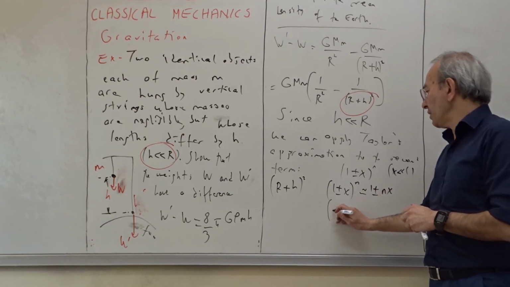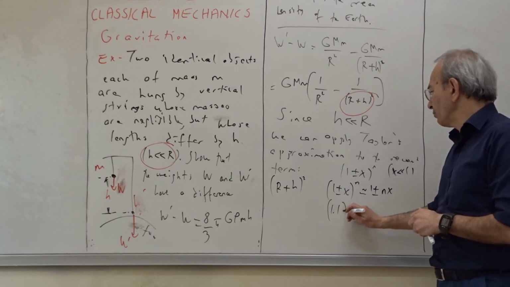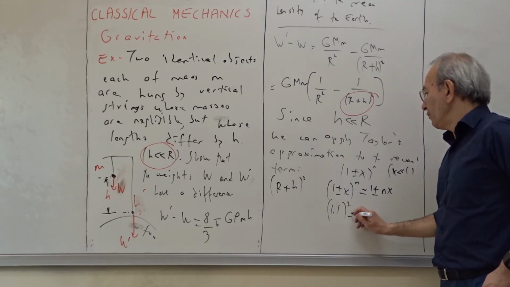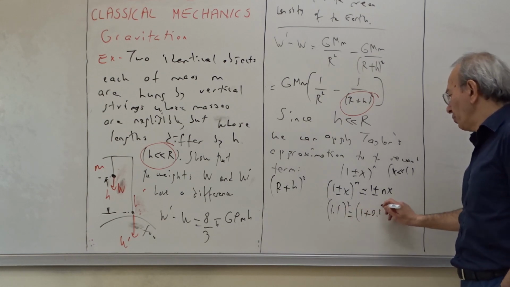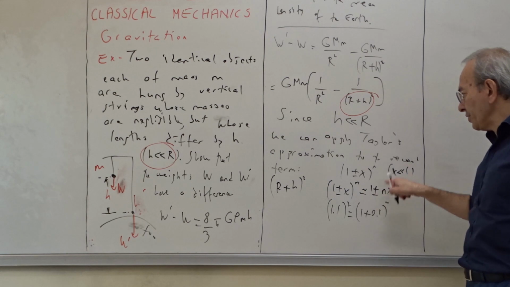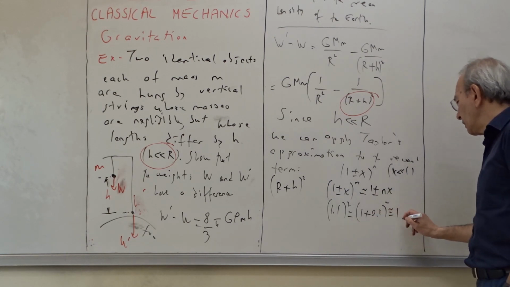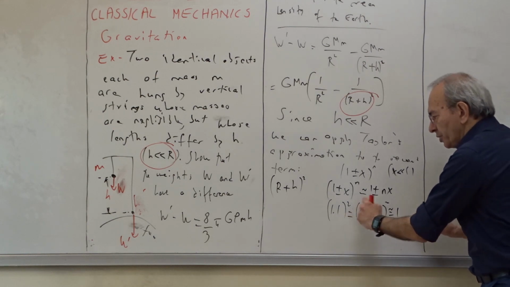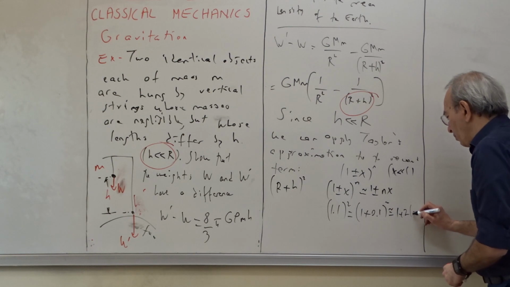For instance, remember that if we have 1.1 squared, we can write it as 1 plus 0.1 for this 1.1 squared. Applying this idea here, we can write it as approximately 1, since it is plus, we write plus, power n is 2, 2 times 0.1.